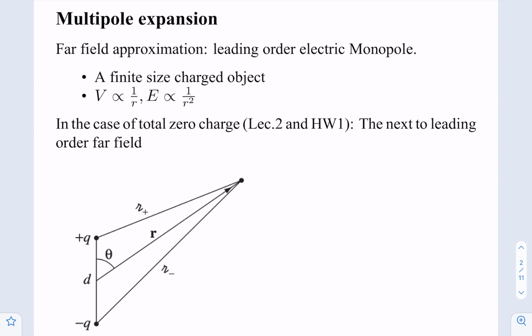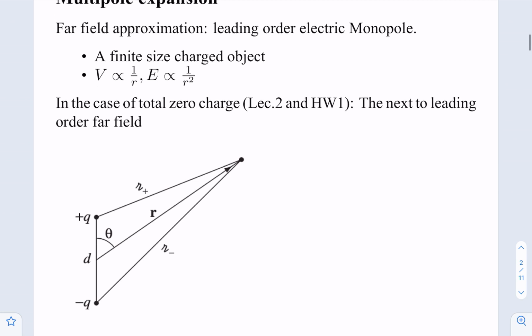In homework 1, we calculated the far field distribution of two spheres: one solid sphere with charge density rho, and another solid sphere with charge density minus rho. And we determined what the far field expression looks like.